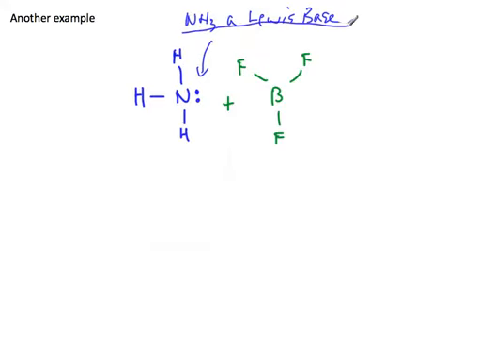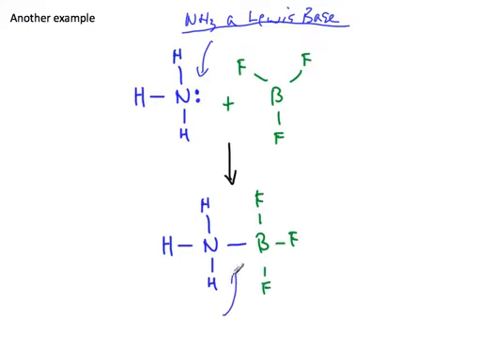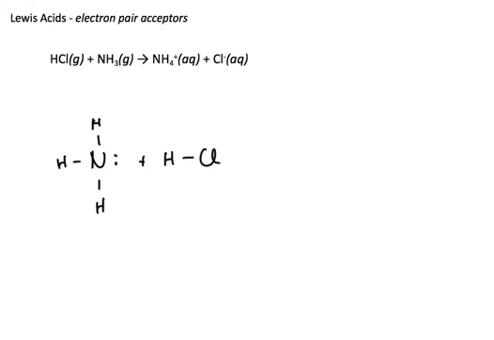And because it's a Lewis base, a lone pair donor, that must make the BF3 the Lewis acid. And what happens? Well, you form that coordinate covalent bond. So again, there's that dative or coordinate covalent bond formed. And so the Lewis base donates the electron pair of the bond, and the Lewis acid accepts the lone pair.